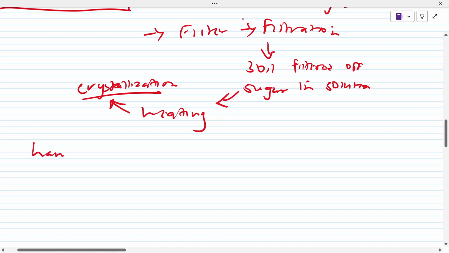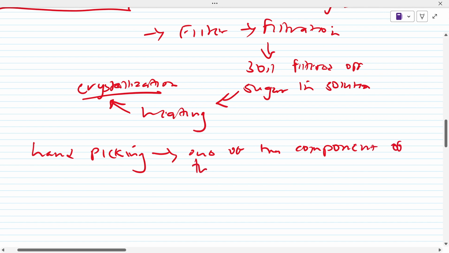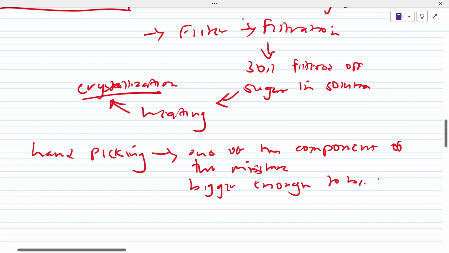To use hand picking as a technique to separate a solid-solid mixture, we have to know that one of the components of the mixture must be big enough to be picked using hands.